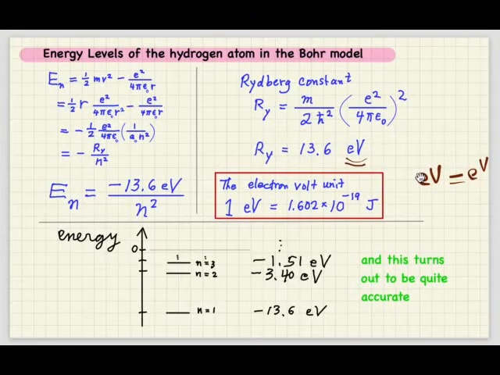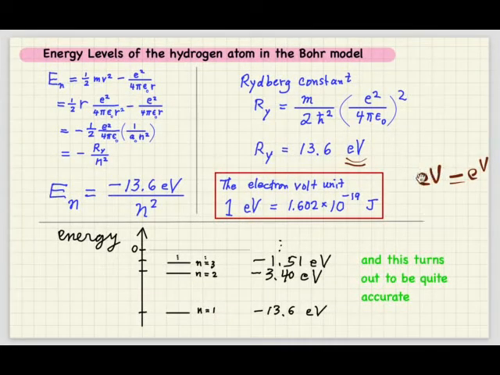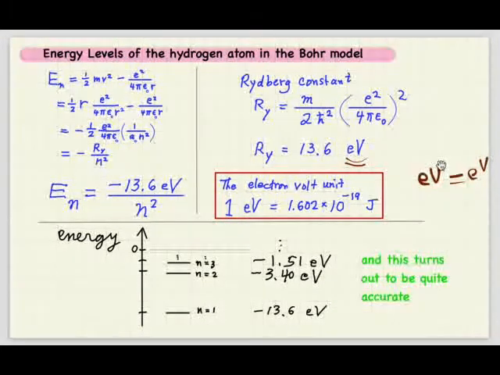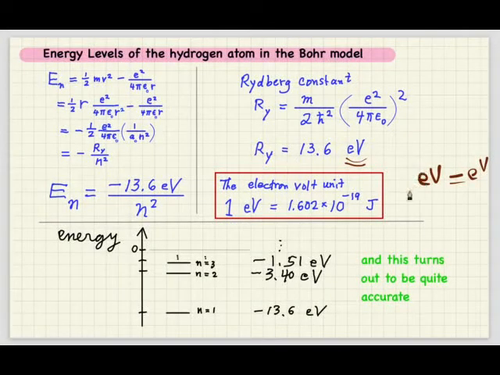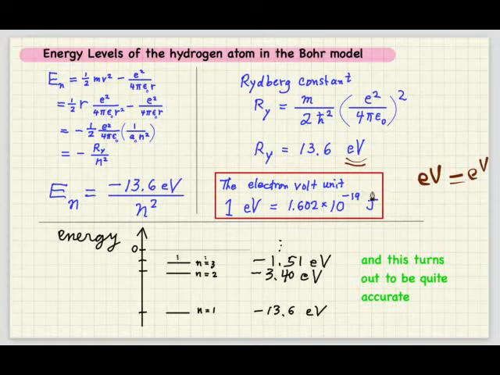It's the energy picked up by an electron if it moves through a potential of 1 volt. Now the electron charge is 1.602 times 10 to the minus 19 coulombs. So this is 1.6 times 10 to the minus 19 coulombs times 1 volt.